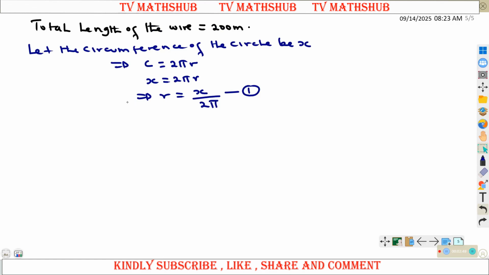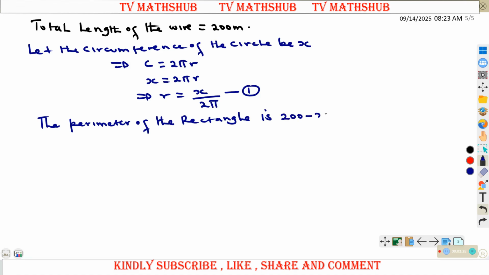So what does that imply for the rectangle? The total length of the wire is 200 meters, but one part, which is x, has gone to the circle. The remaining part is for the rectangle, so it is 200 minus x. That will be the perimeter of the rectangle.